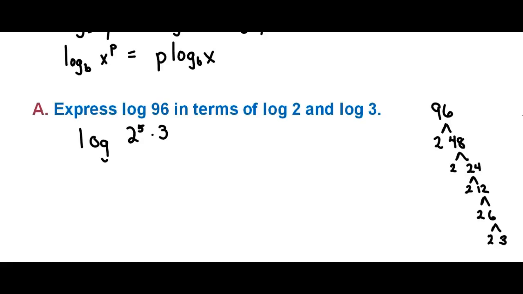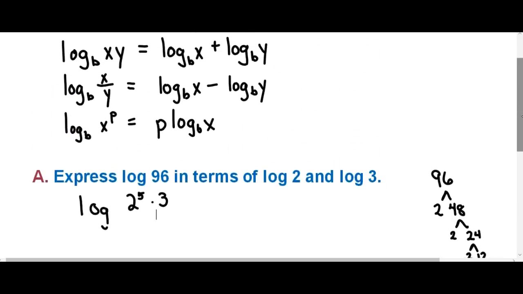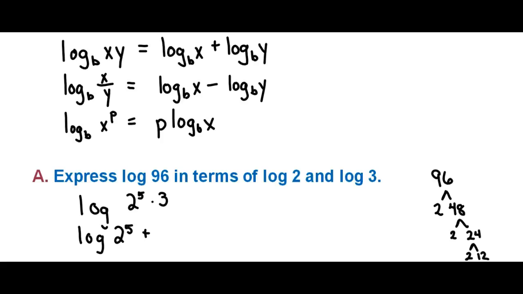So in other words, using our properties up here, we can separate those factors out into x plus y. So in other words, we can make that log of 2 to the 5th plus log of 3. And since we have a power there, we can break that down even further.